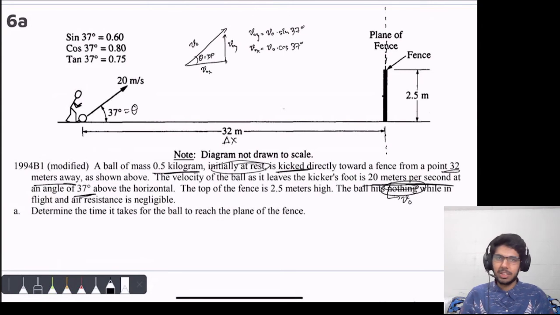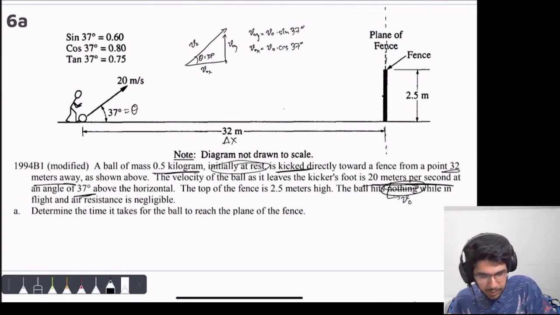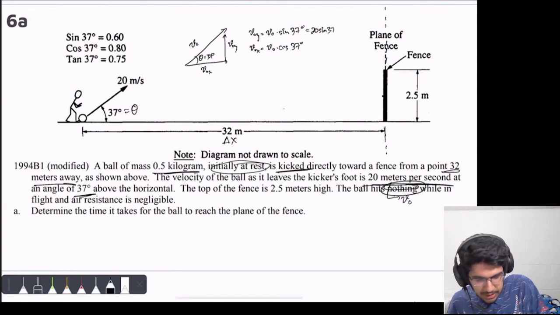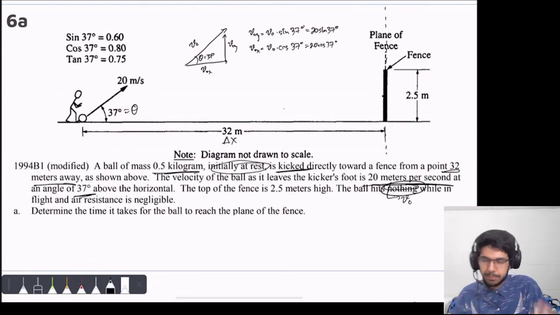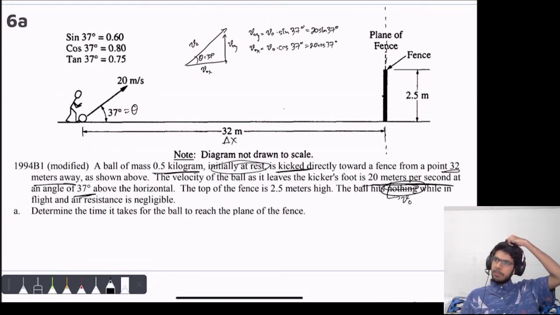So you can do the trigonometry there, double check it just to make sure. And we can actually compute these to be 20 sine of 37 degrees, and 20 cosine of 37 degrees.